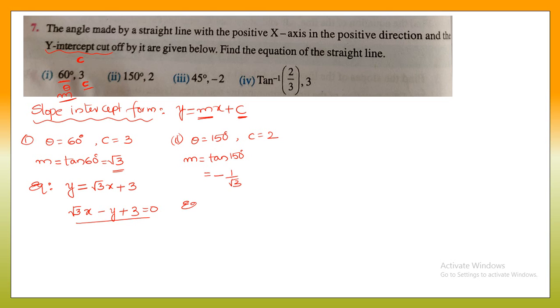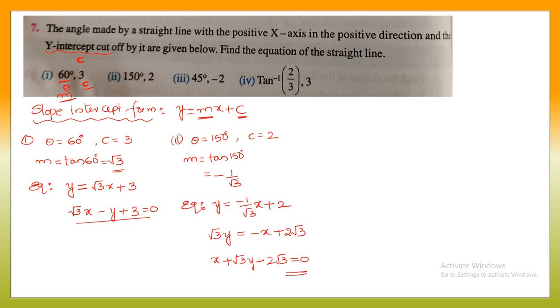So finally the equation of the line is given by y is equal to minus 1 by root 3 into x plus c. So what is c here? So c is given as 2. By taking the LCM and cross multiplying, I am going to get root 3y is equal to minus x plus 2 root 3. So when I do rearranging, that is nothing but transposing, I am going to get x plus root 3y minus 2 root 3 is equal to 0.